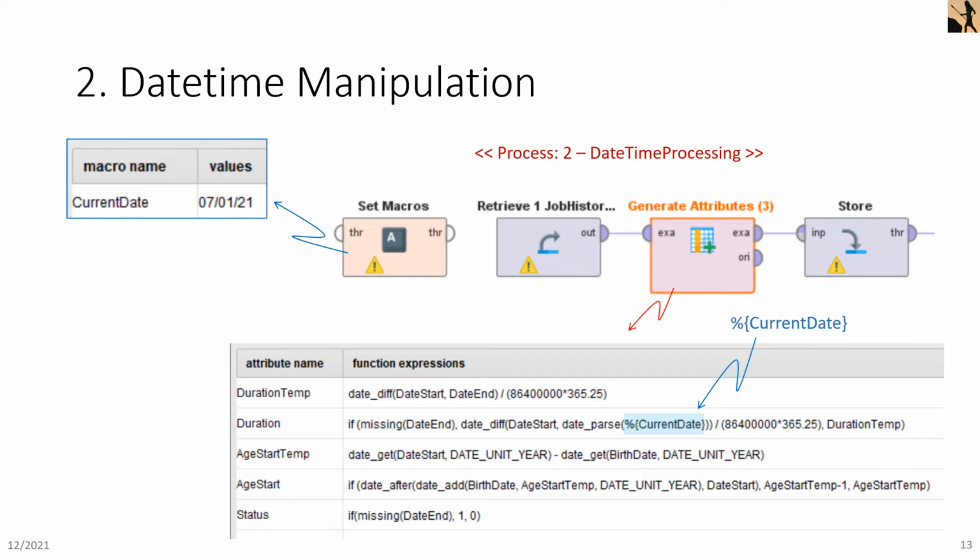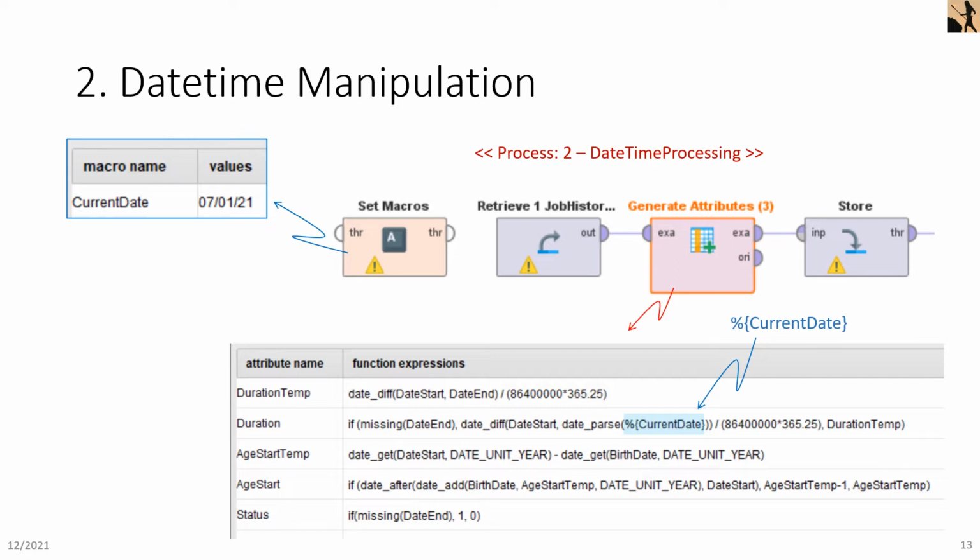And we can move on to see this age start, right? So usually, roughly, people would just take the difference between the end date and the birthday, no, the start date and the birthday, right? And use the unit of year. But here we are a bit more careful, and we make sure that the age is calculated correctly, right?